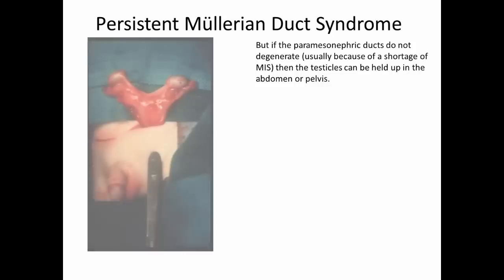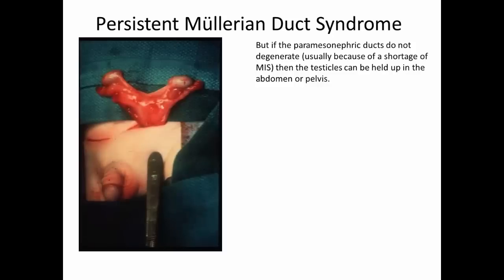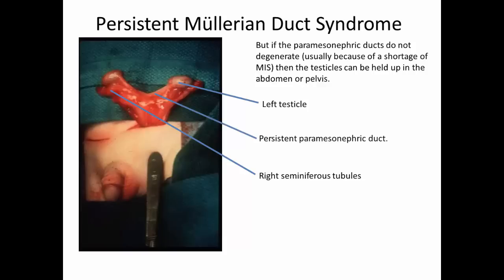And so what we see is this situation. So we have a testicle, that's the left testicle, and there's the seminiferous tubule. I've shown the right seminiferous tubule, but you can also see the left one. And we have a persistent paramesonephric duct. Well, if the paramesonephric duct doesn't go away, then how do those testicles descend into the position that they're supposed to have in the scrotum?